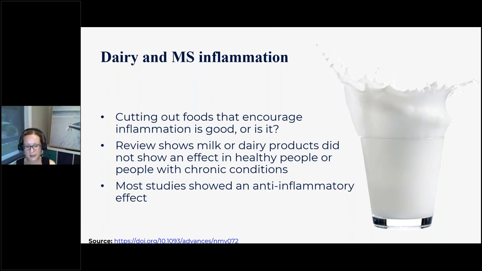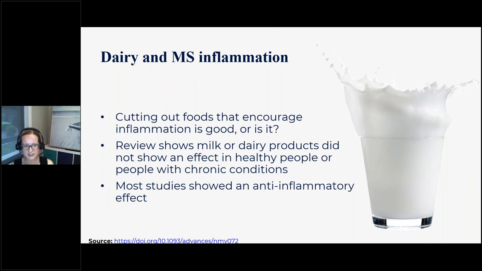So what we actually found from this review paper that I'm referring to here, a review of lots and lots of studies in relation to inflammation and dairy, is that most of the studies showed that dairy was suggesting an anti-inflammatory effect, as opposed to an inflammatory effect, which is often what's promoted on many MS websites, that we need to cut dairy out for the purposes of inflammation.